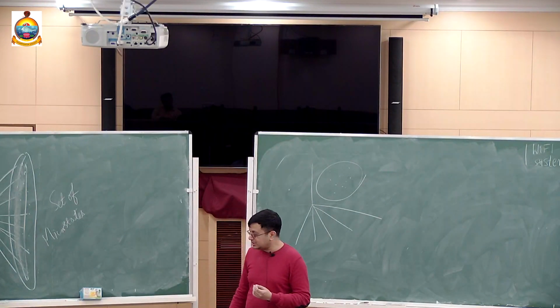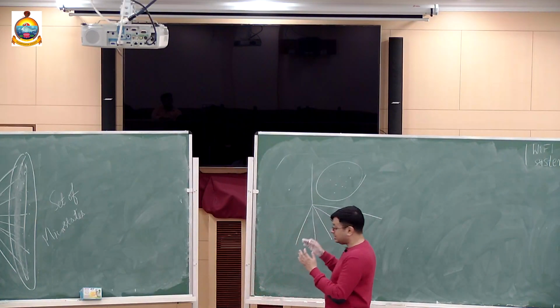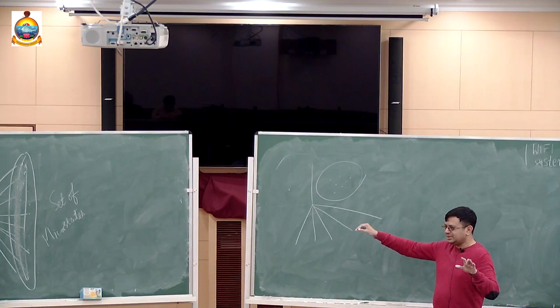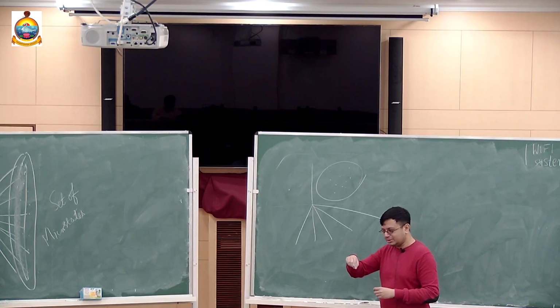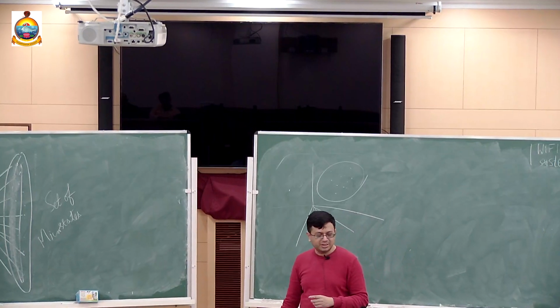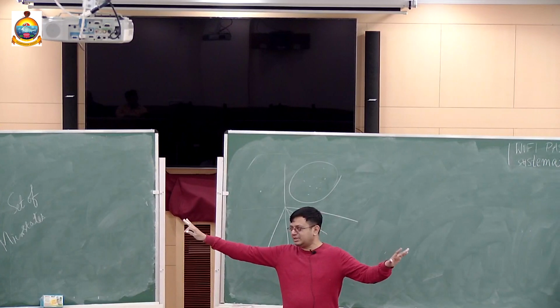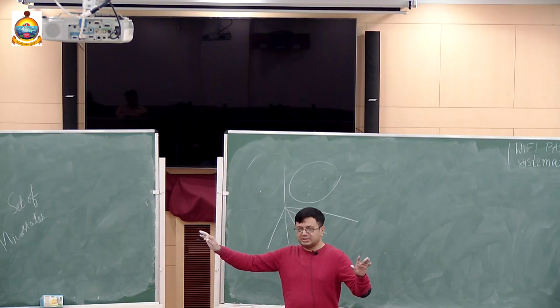I might think in my head that points could be crowded towards maybe the periphery, not so much crowded near the center and so on, or maybe everywhere they are uniformly distributed.